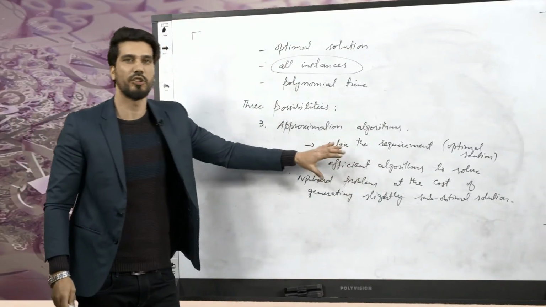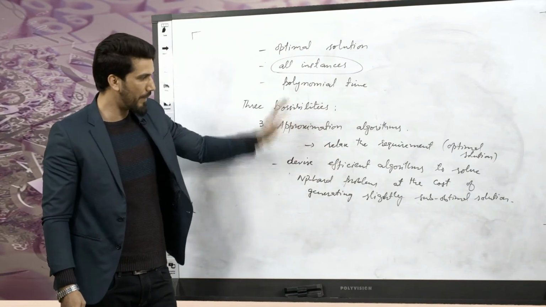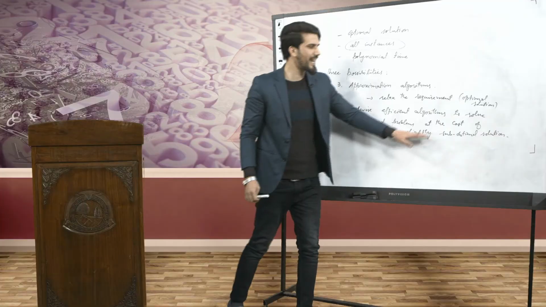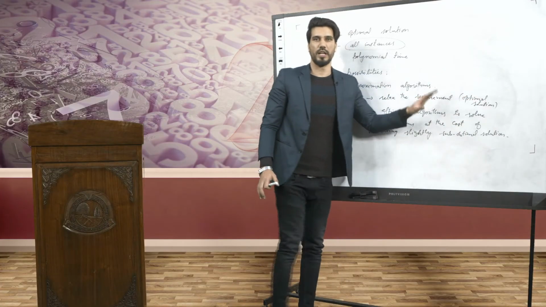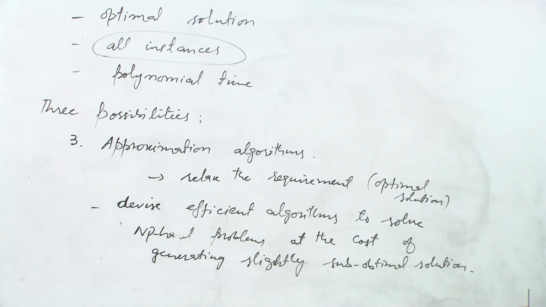That means these algorithms solve the NP hard problem quite efficiently, but the solution we receive is suboptimal, it's not optimal. So these are the three possibilities for solving NP hard problems.